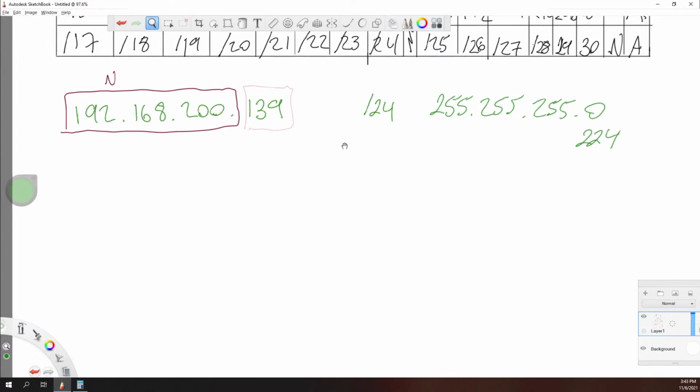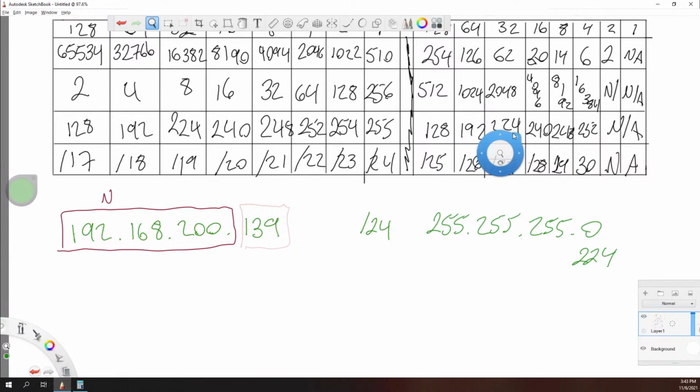And what do we do? Well, we look up at our nifty chart we just made, and we look at our mask, and our mask here is a 224, so we know we're borrowing 3 bits. So 3 bits being borrowed means that we're going to be switching this over to a /27, which is all fine and dandy.